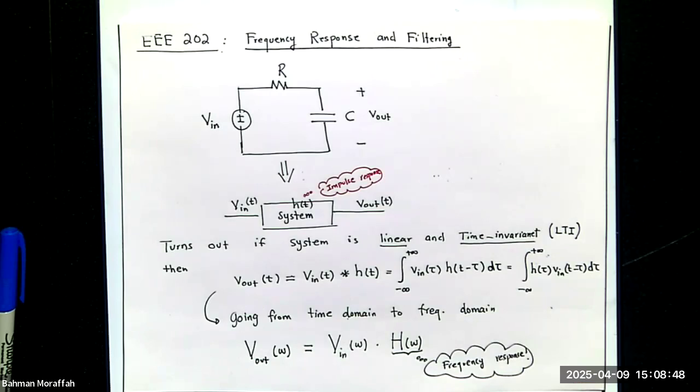As a matter of fact, with whatever we have over here, if we go from time domain to the frequency domain, it's just a Fourier transform or Fourier series. Right? But so far, we know nothing. We just know if you go from time domain to the frequency domain, this would be the relationship. Right? So in general, we can define the ratio of output to input as our impulse response or frequency response.